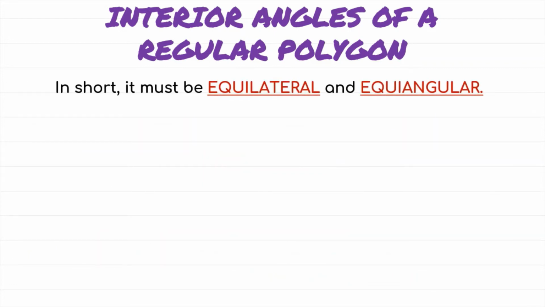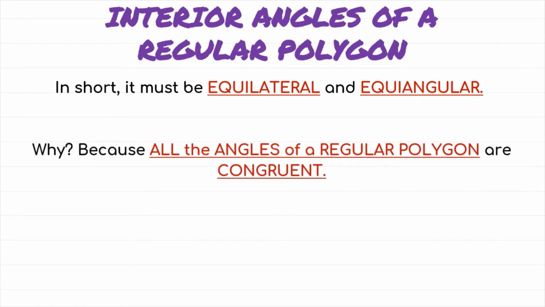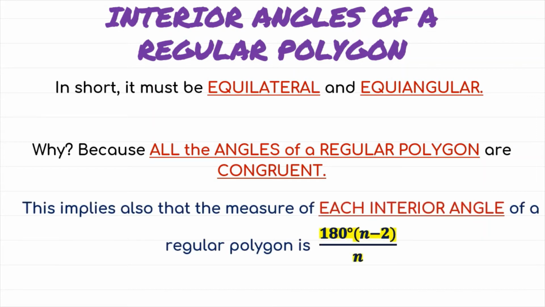Why? Because all angles of a regular polygon are congruent. So, mas madali siyang hanapin kasi pare-parehas lang naman sila ng measurement ng angles nila. Okay, so this implies also that the measure of each interior angle of a regular polygon is 180 times n minus 2 divided by n.